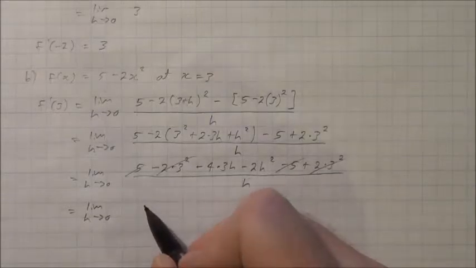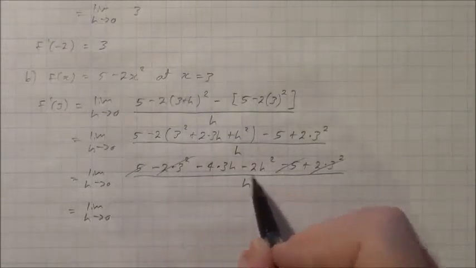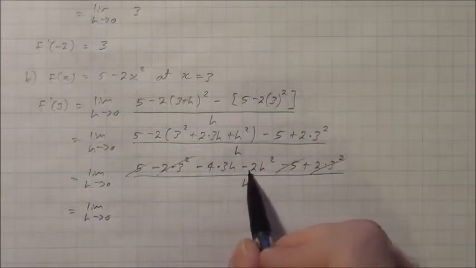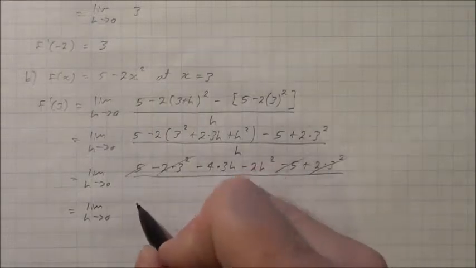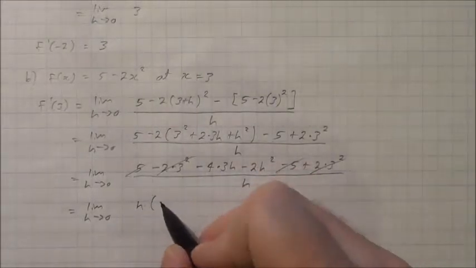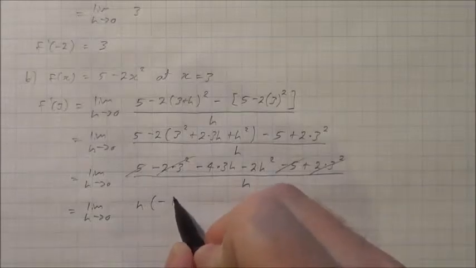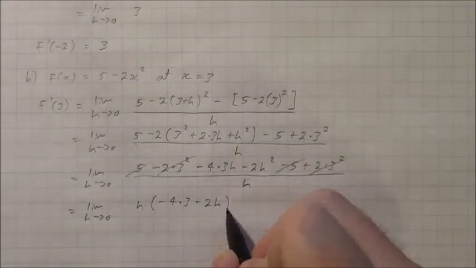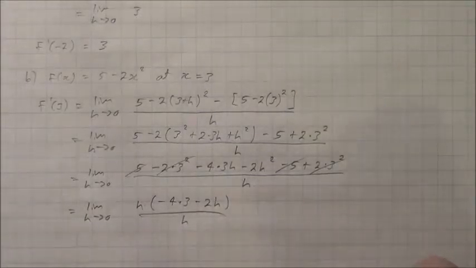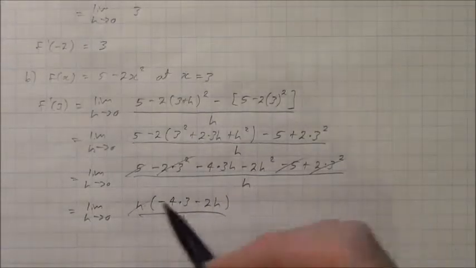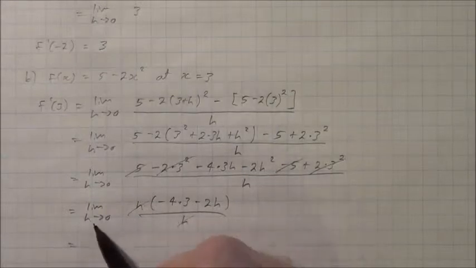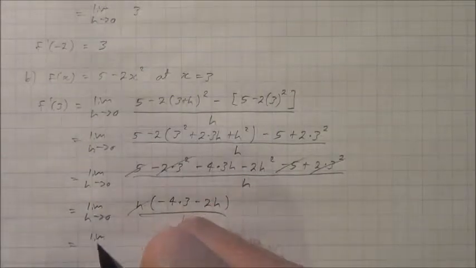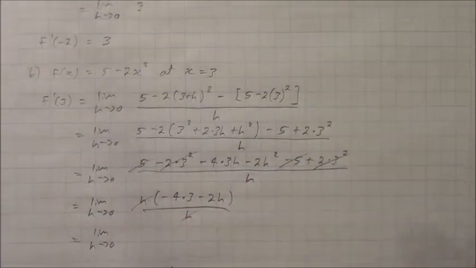And so then we get here, and because we've got the h's here, I'm just going to factor out the h right from the beginning. So h gets factored out, so we're left with negative 4 times 3 minus 2h all over h. The h's will cancel, and it's the limit as h approaches 0.